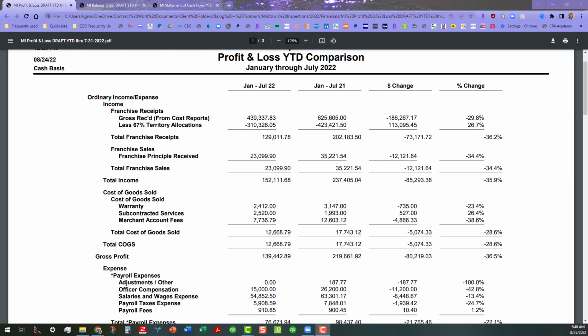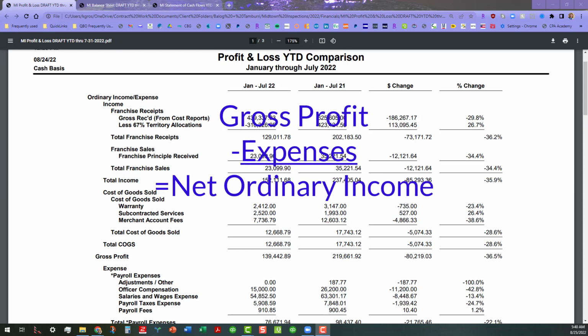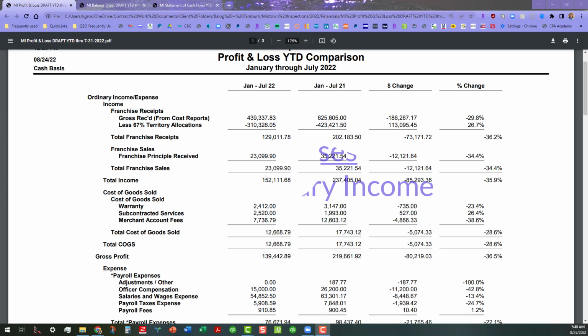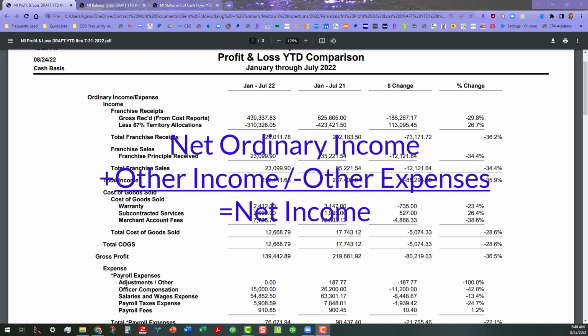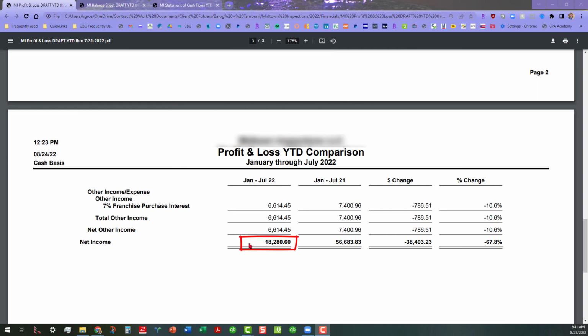When we're talking about the profit and loss, we're talking about the equation of income minus cost of goods sold equals gross profit, and then from gross profit we subtract our expenses, and then we also include other expense and other income, and that brings us to our net income of $18,280.60.